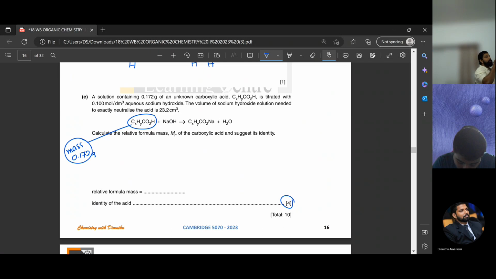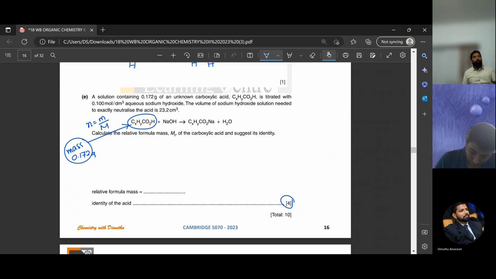If you know the mass, we can find the moles using n equals m over capital M. If the mass is given, you can find the moles easily using this equation.